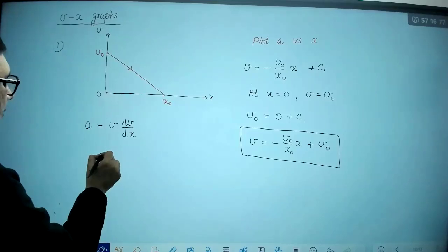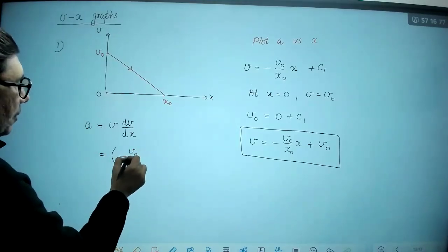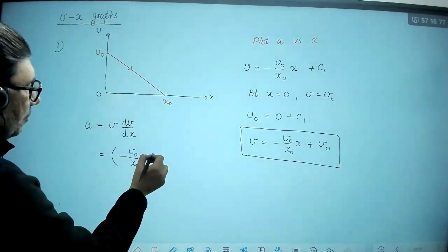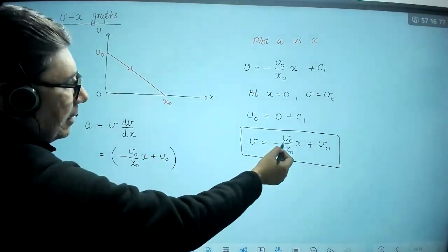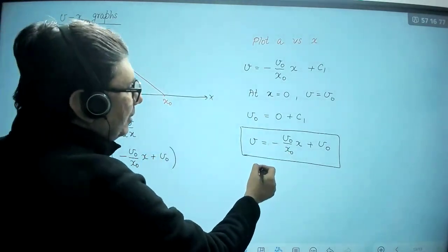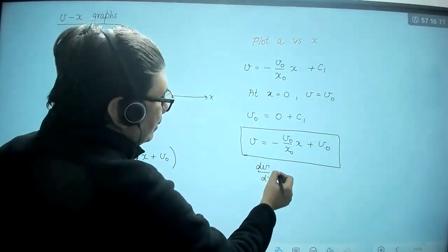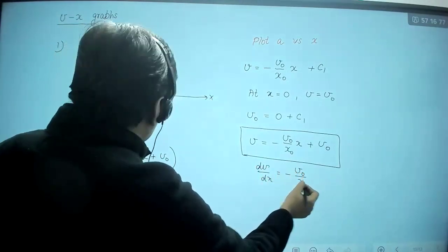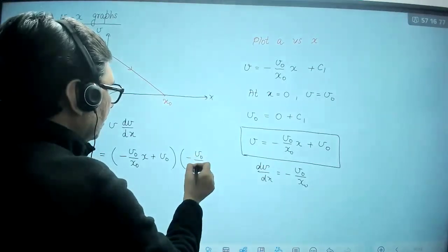So write this v, that is minus v naught upon x naught into x plus v naught. And dv by dx, what will be dv by dx from here? dv by dx will be minus v naught upon x naught.